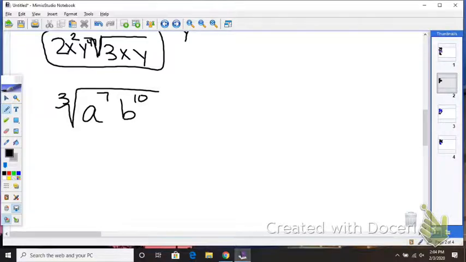Cubes, because I have the cubed root. So I need to break down a to the 7th in terms of cubes. So I have a cubed, I have a cubed, and I have what? A. So how many a's can we take out? 2. So out front I have a squared. You guys do the b.